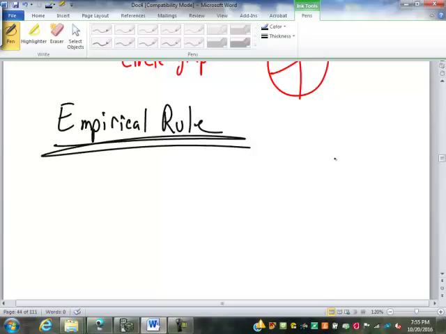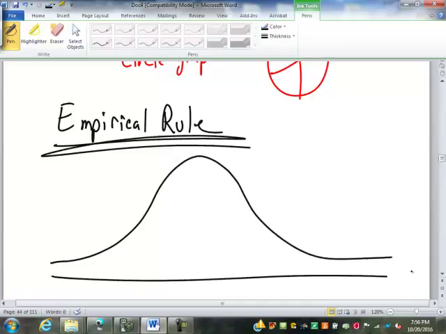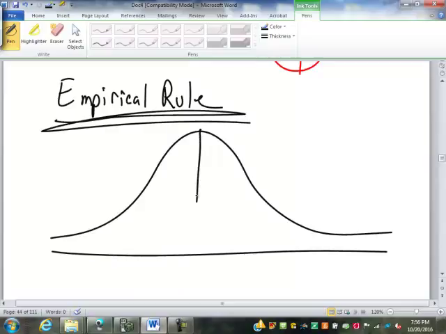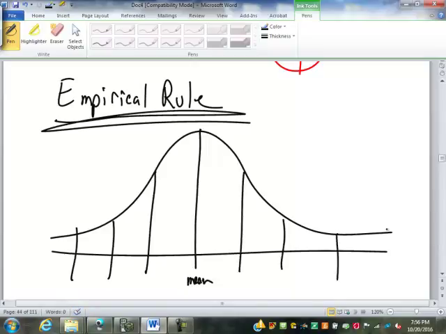You will need to know the empirical rule. The empirical rule is that bell curve where the center is your mean. You go out in steps of your standard deviation in each direction, and you have those standard percents.